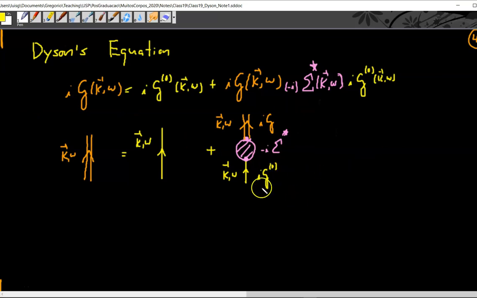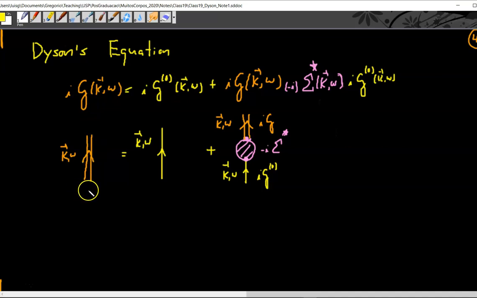Okay, notice that I wrote this in k and omega space. I already did the Fourier transform, so these are essentially products of these functions. If I had done this in position space, and I could have done that, right?